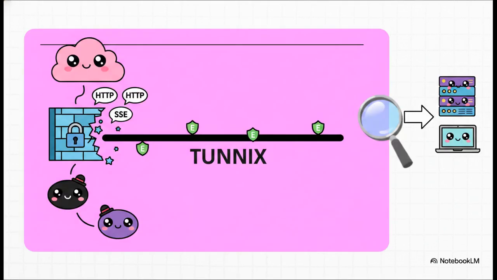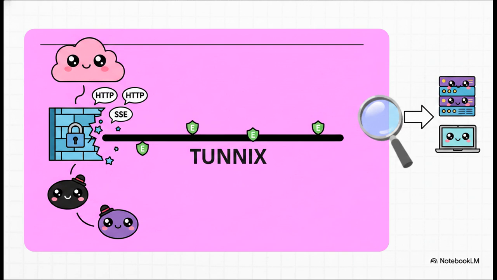Well, enter tunnix. Tunnix is an encrypted SOCKS 5 and HTTP proxy tunnel, but here's the kicker. It operates entirely over plain HTTP and server-sent events, or SSE for short. Because it relies purely on standard HTTP requests, specifically, a series of POST requests for sending your data and a simple GET request for the SSE stream, it just slips right through those lockdown environments.